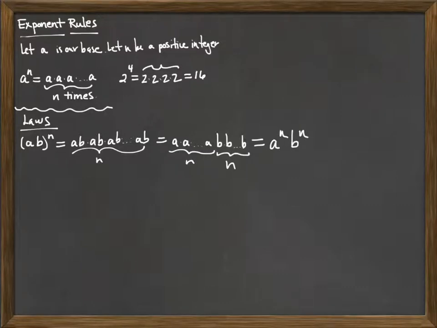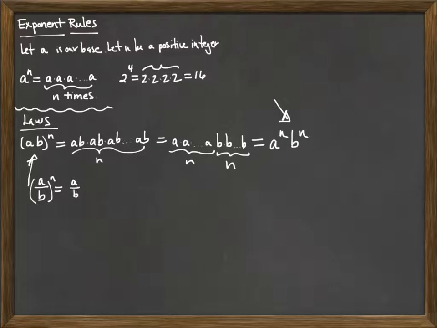So what we realize is that if we have a product raised to an exponent, then that exponent distributes to both factors, so to both bases. It becomes a to the n, b to the n. Similarly, if we have a quotient, a over b, and we raise that to the nth power, the same thing happens.